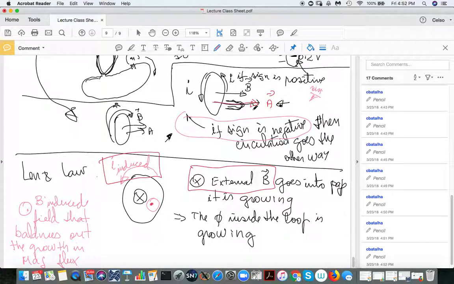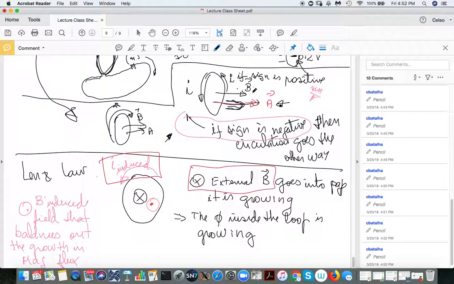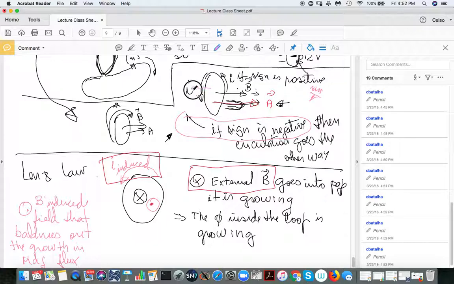How do we know? Well, we have a field that is growing in this direction, right? So the field grows in this direction, which means the loop itself creates a magnetic field that opposes that growth, so it goes in the opposite direction, the induced field.